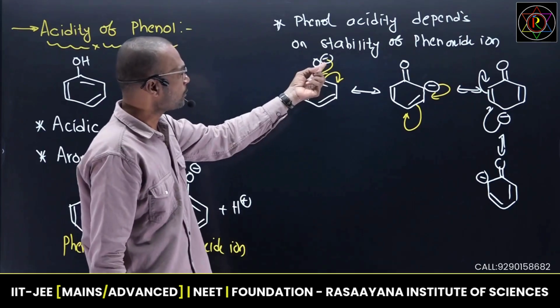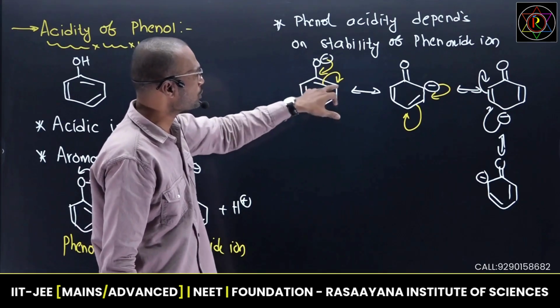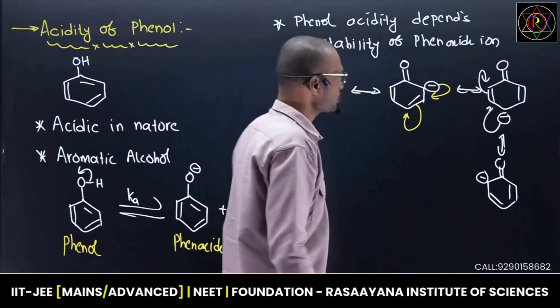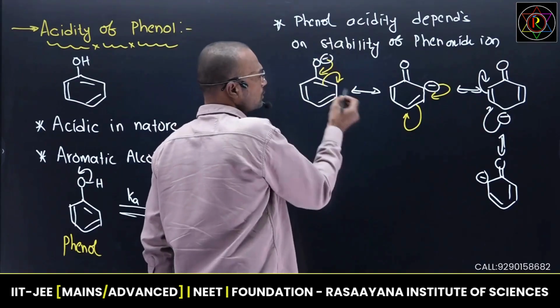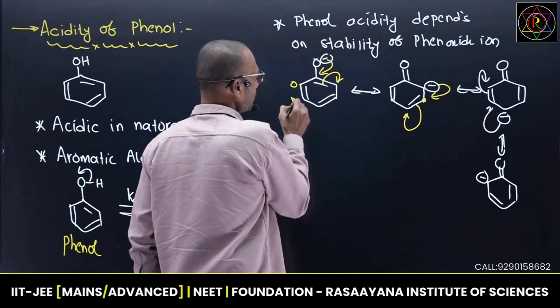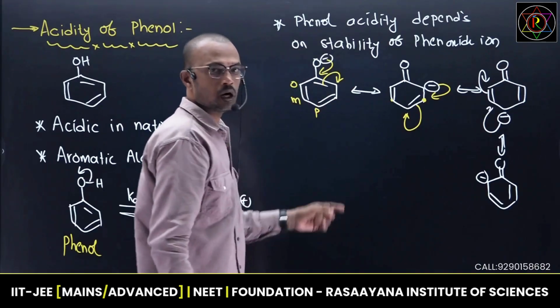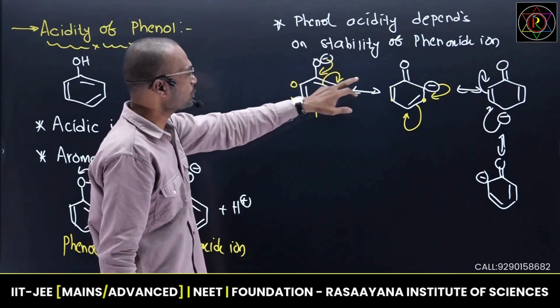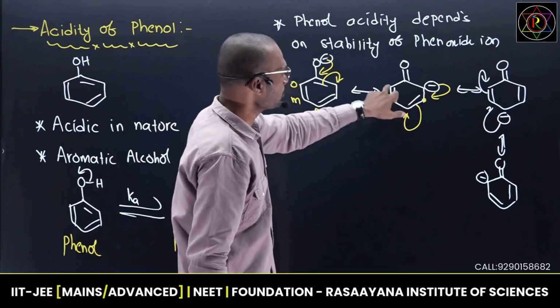The excess electrons present on this oxygen are distributed to the ortho position, the para position, and one more ortho position. These excess electrons are not shared by the meta position. So this is ortho, meta, and this is para. After formation of phenoxide, the negative charge is distributed to the ortho, para, and the other ortho position.